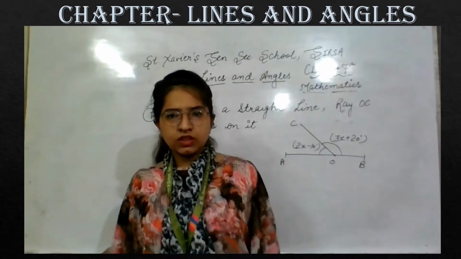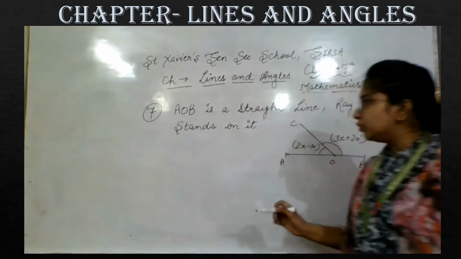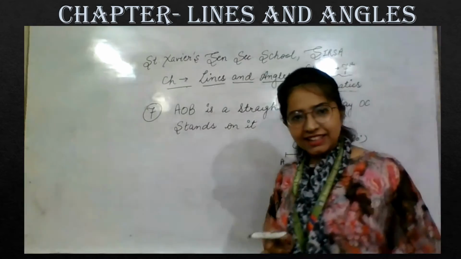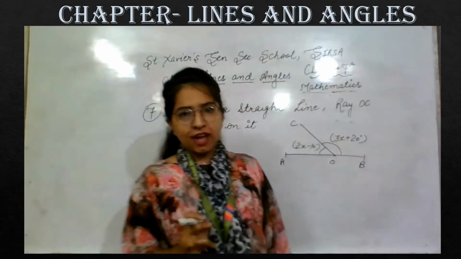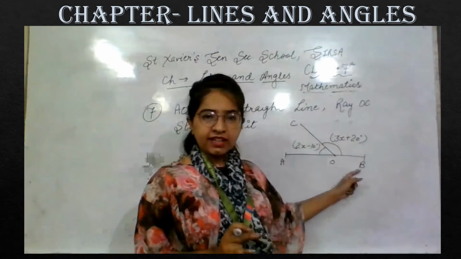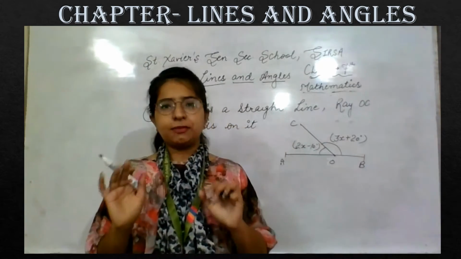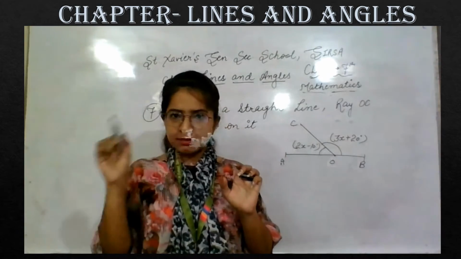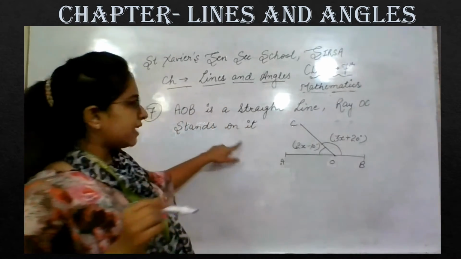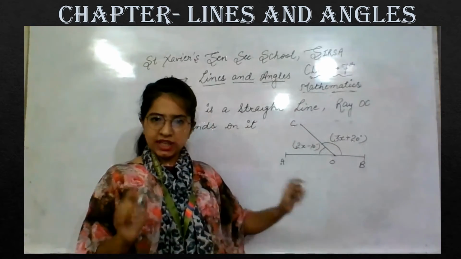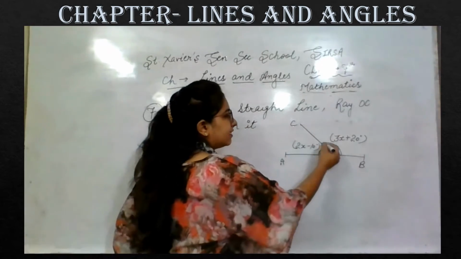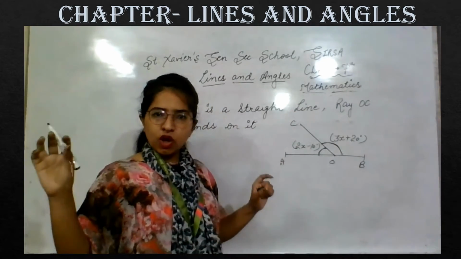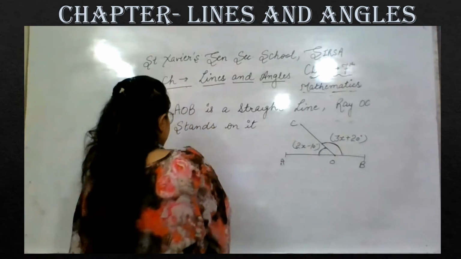So in question number 7, the same thing is there. See students, question number 7, what is given to you? AOB is a straight line. After watching this straight line, what comes to your mind? Linear pair, right? On one straight line, you can make a linear pair. Ray OC stands on it. OC is the ray. This is the angle, this is the angle, and both are making a semicircle on one line, so you can call it a linear pair. Sum of two angles must be 180 degree.